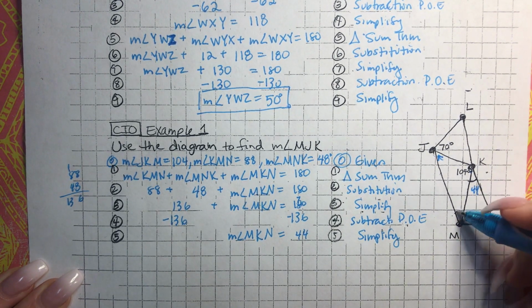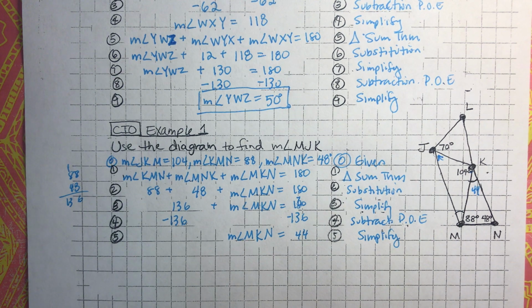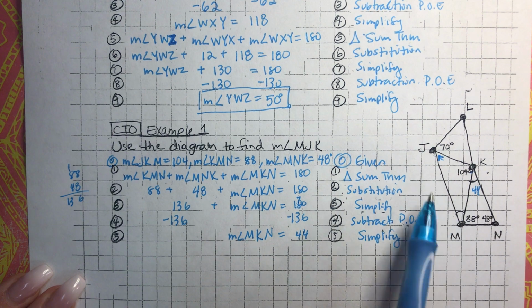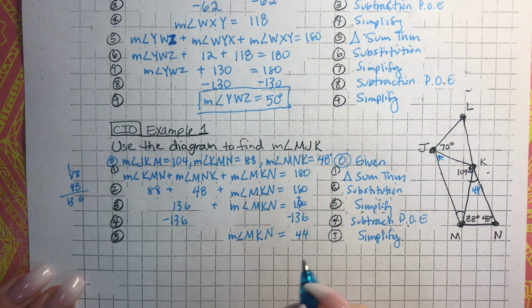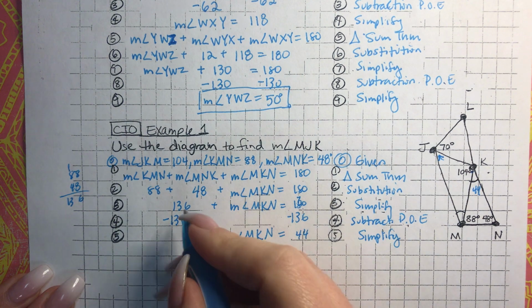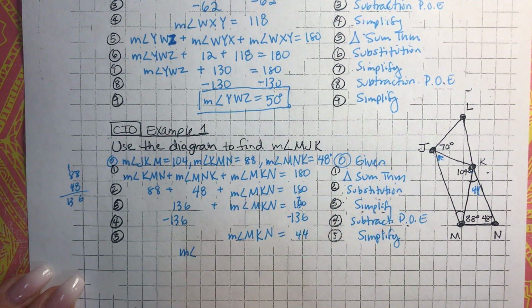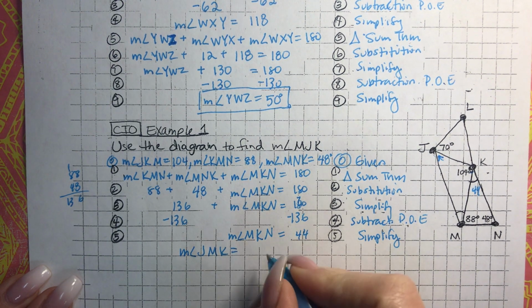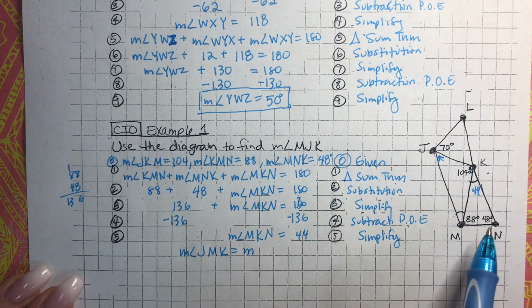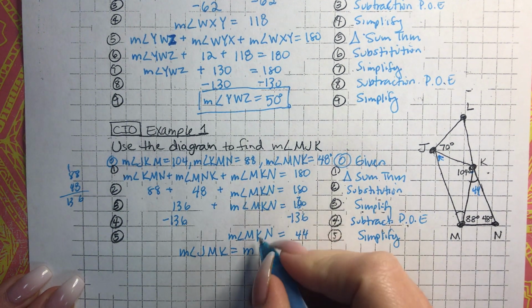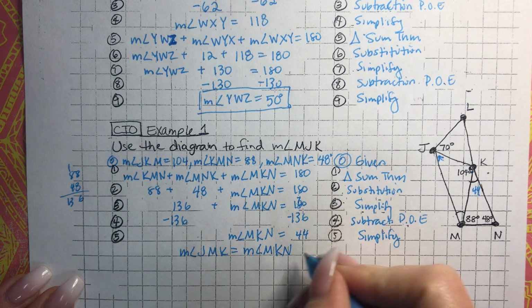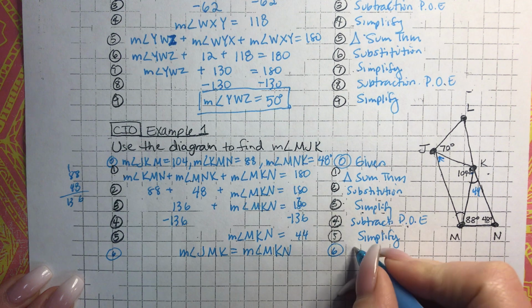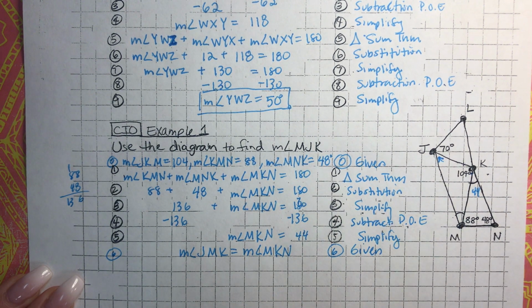We know that these two are the same, right? So we can say that the measure of JMK is equal to the measure of MKN because it's given information.